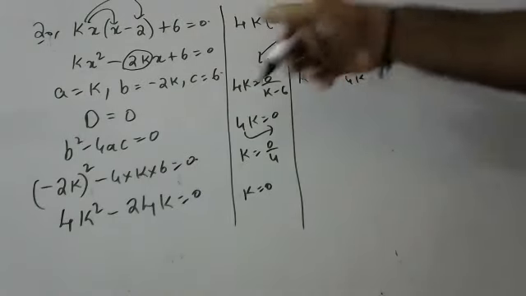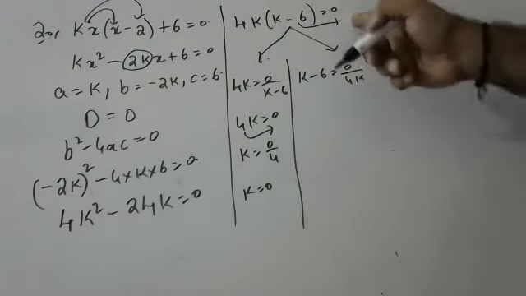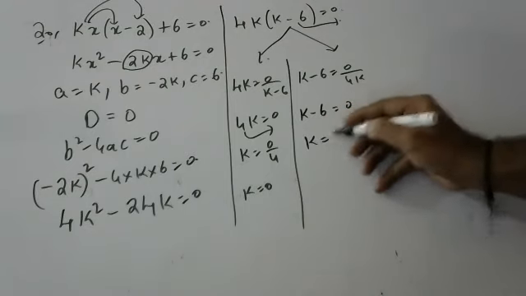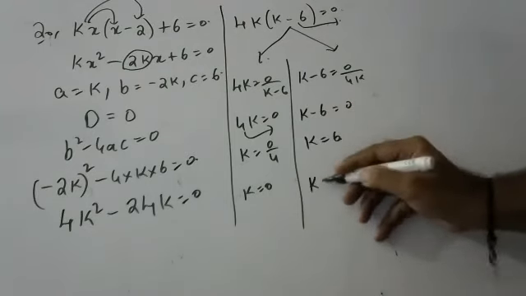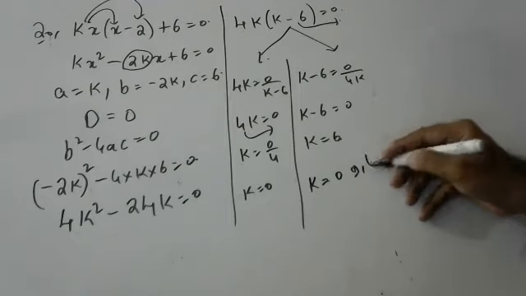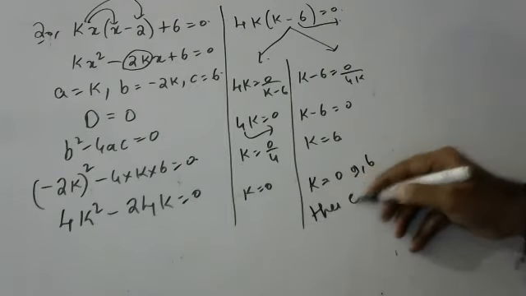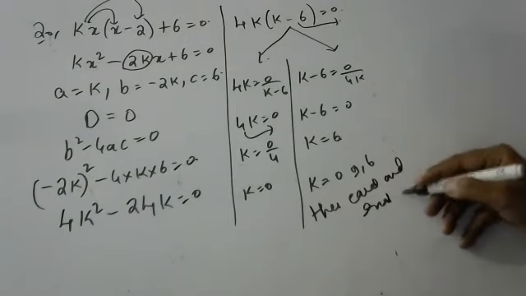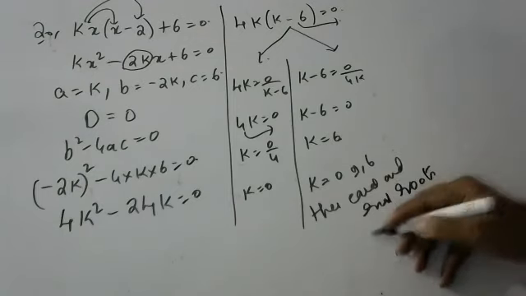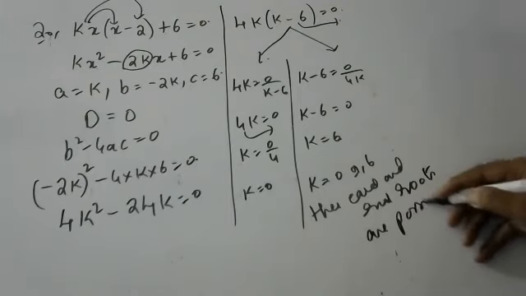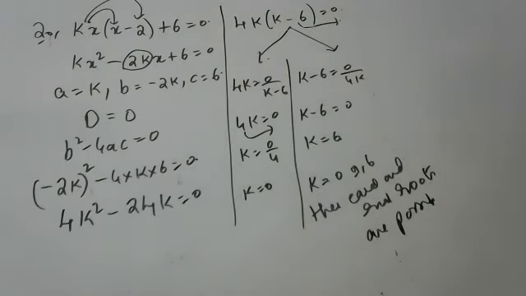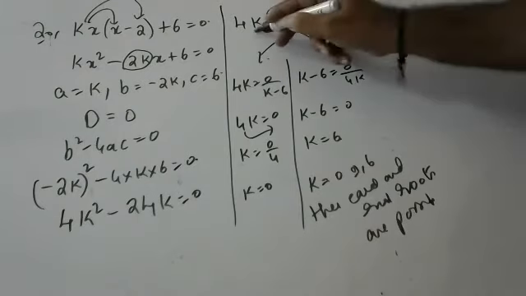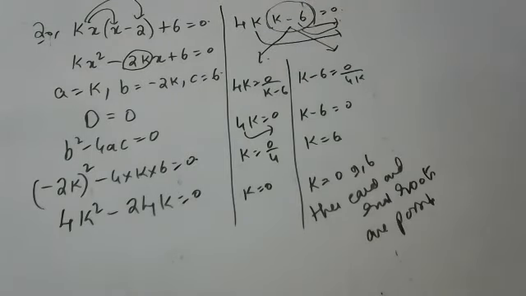First time I took this down, second time I am taking this down. So k minus 6 is equal to 0, k is equal to 6. So k is 0 or 6. Then equal and real roots are possible. Children, if a question comes like this, you should do it like this, compulsorily. Once you take this down, then you will get the answer.